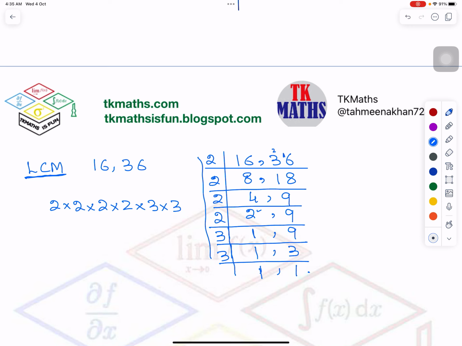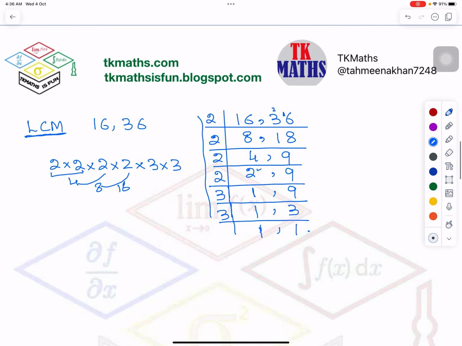So again, your tables need to have very strong skills. 2 times 2 is 4. 4 times 2 is 8. 8 times 2 is 16. Now 16 times 3, suppose I don't know the table of 3 for example, and 3 times 3 I know is 9. So till here when I multiply, it is coming 16 and this is 9.